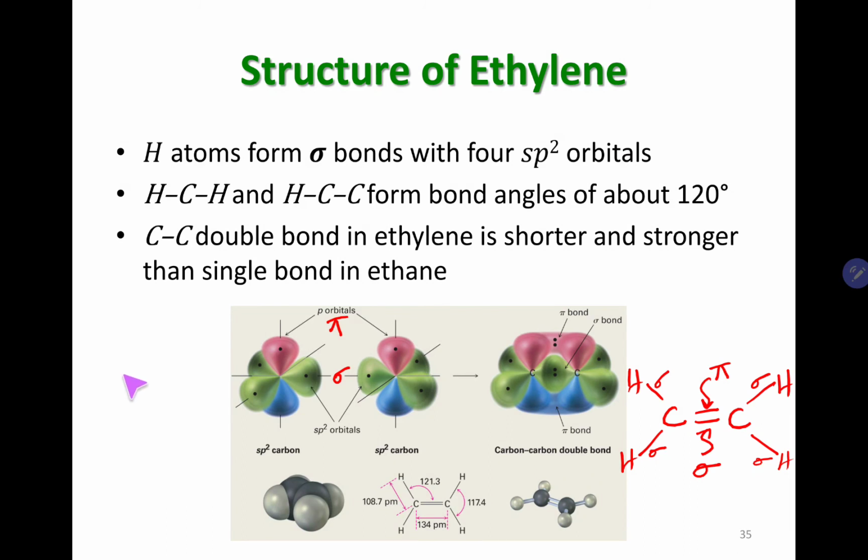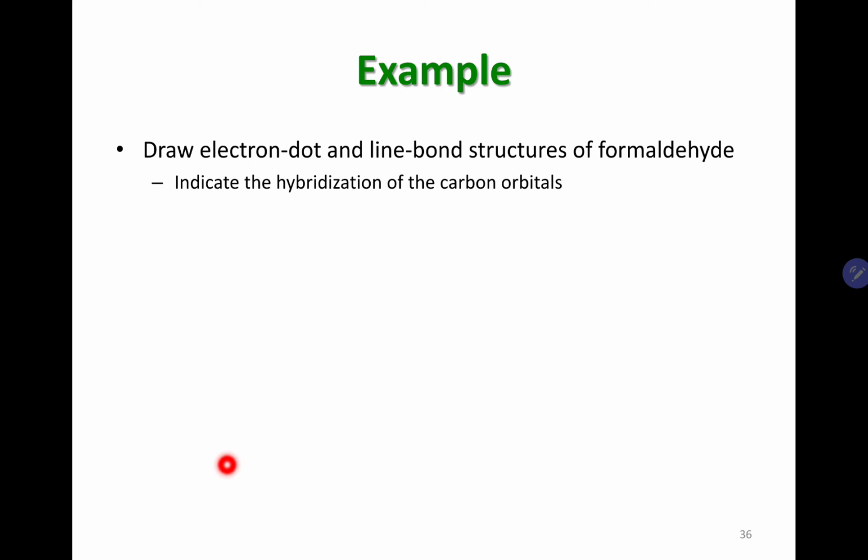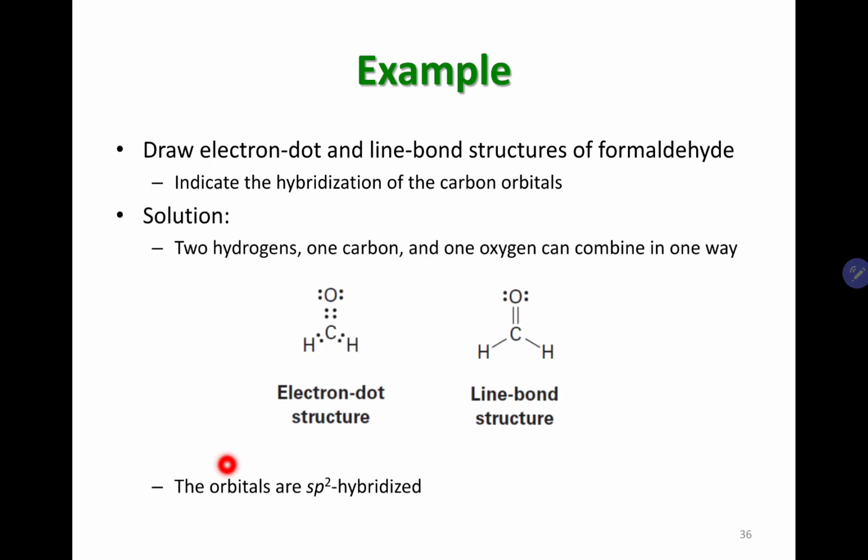If a carbon has a double bond, that carbon has sp2 hybridization, and the geometry or shape of that carbon will be trigonal planar. All right, so once again you can pause the video and try to do this example, and in a second I will post the answers.